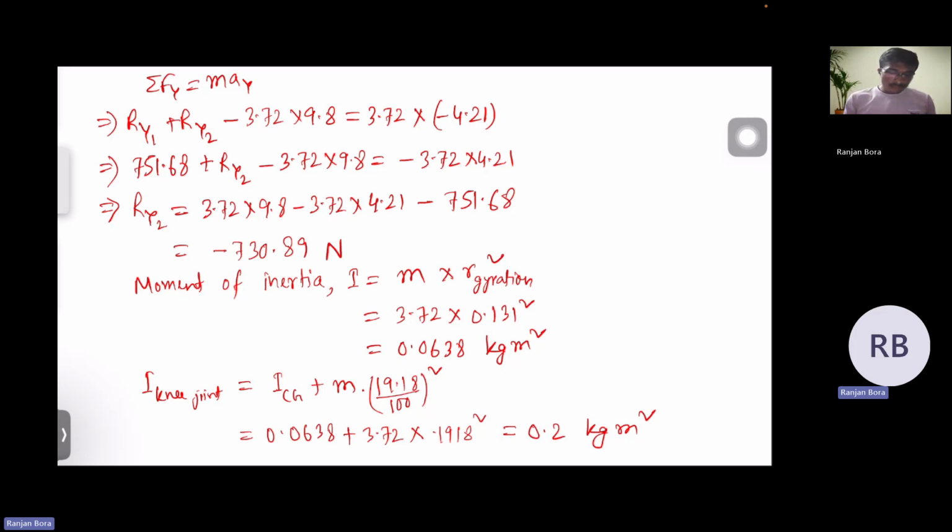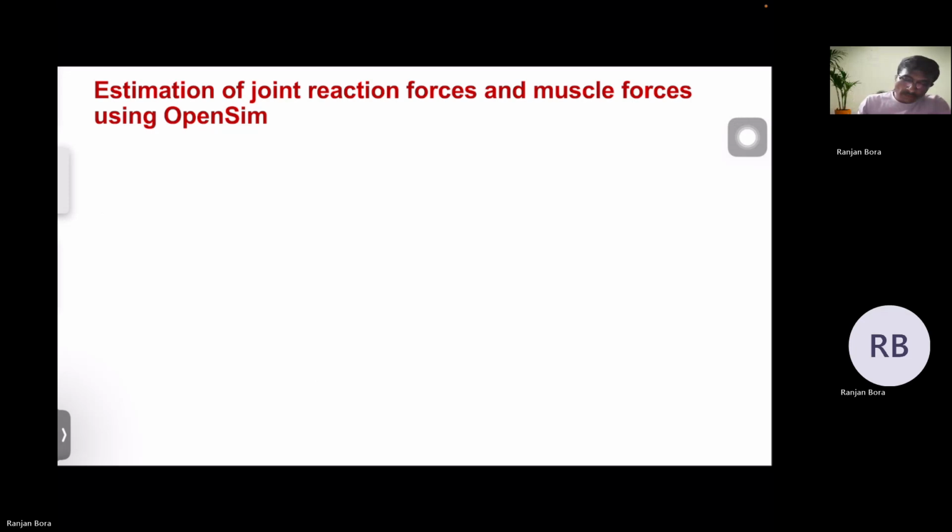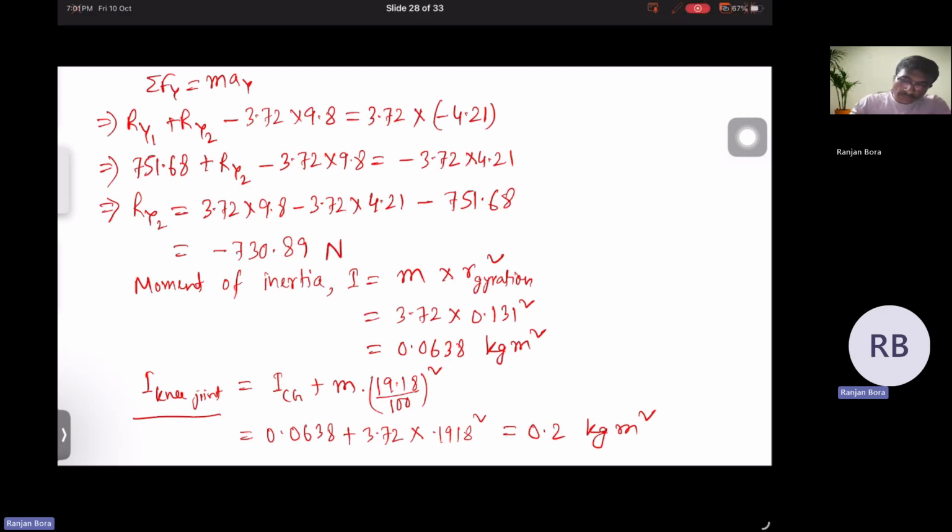So we have found out the moment of inertia about the knee joint. So now we need to apply the moment equilibrium equation. Okay, I will add one more slide here.